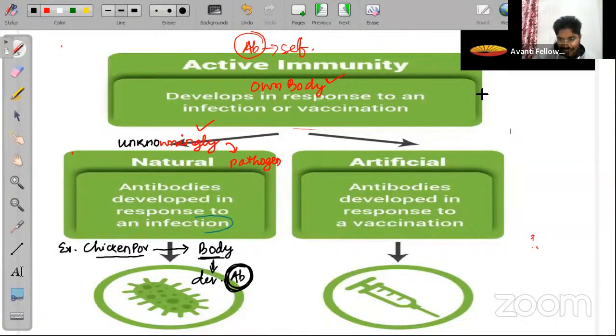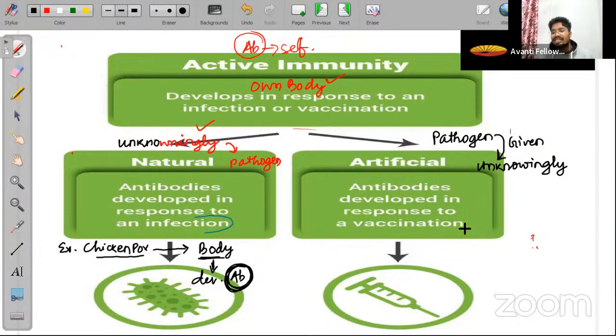Next one is your artificial active immunity. In artificial active immunity, what happens? Here, the pathogen will be given, or will be entered into our body knowingly, जानबूझ के, in the form of vaccine.